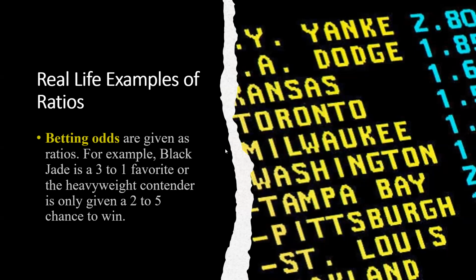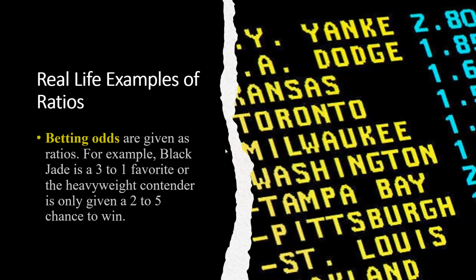So if they say Black Jade is a 3-to-1 favorite, what does that mean in words? A lot of people bet on Black Jade. Very good. It's 3-to-1, so more people say that Black Jade is going to win.